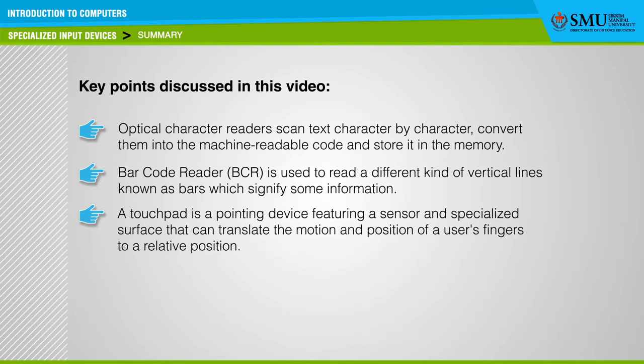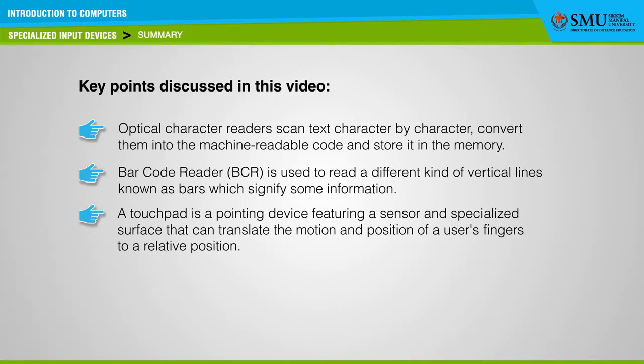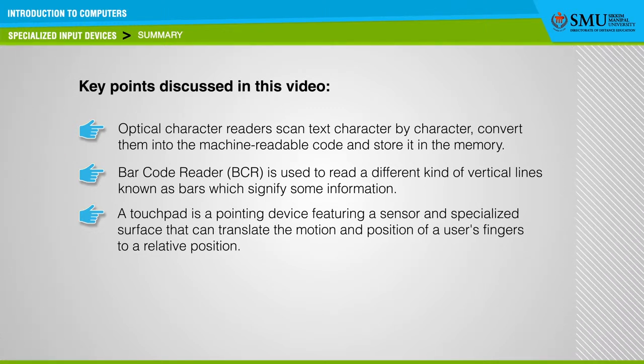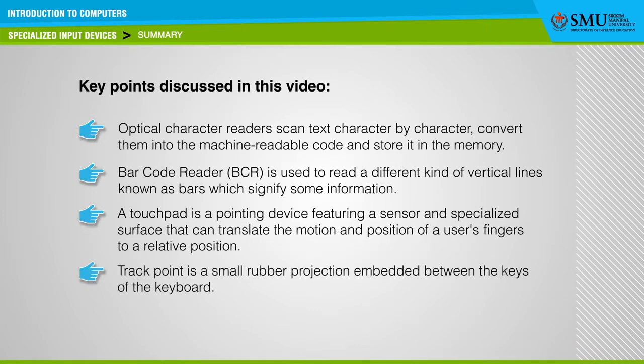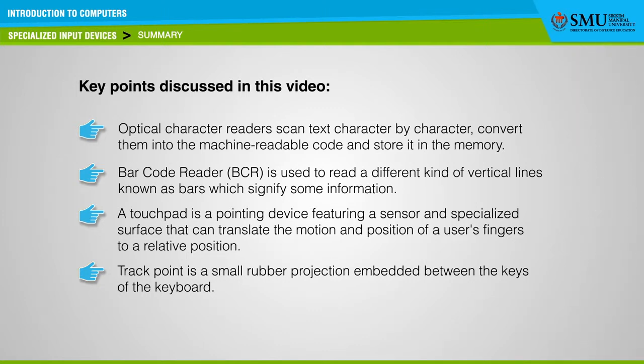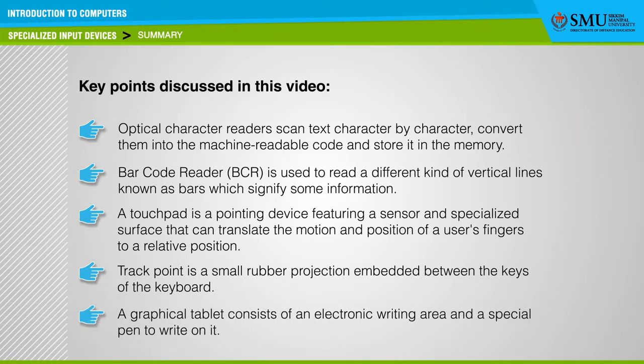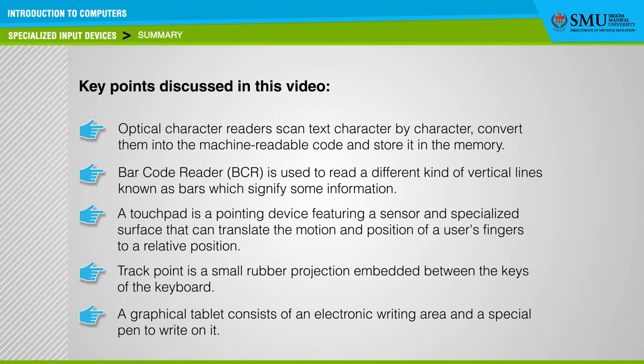A touchpad is a pointing device featuring a sensor and specialized surface that can translate the motion and position of a user's fingers to a relative position. Track point is a small rubber projection embedded between the keys of the keyboard. A graphical tablet consists of an electronic writing area and a special pen to write on it.